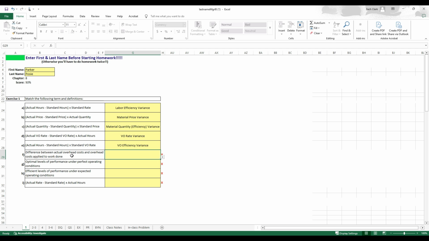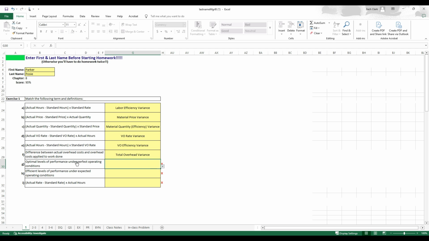So, the difference between actual overhead cost and actual cost applied to work done would be our total overhead variance. So we can have total variances, right? That's the combination of the efficiency and the rate differences. And we kind of have those under all the different ones as well, whether that's materials and labor and overhead.